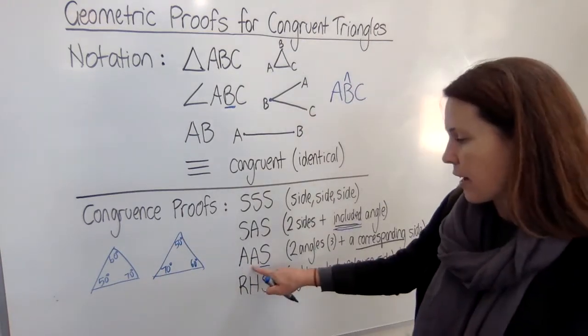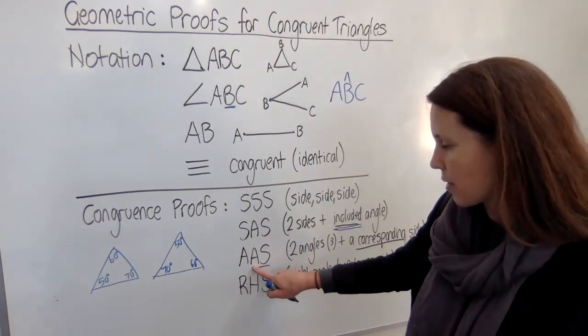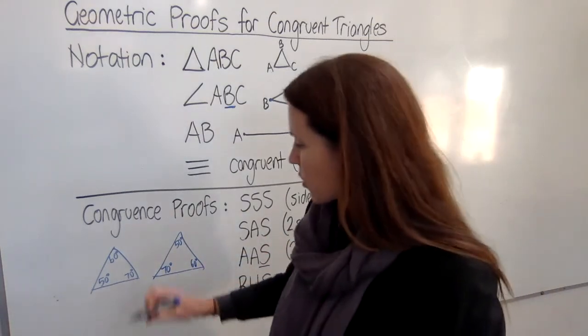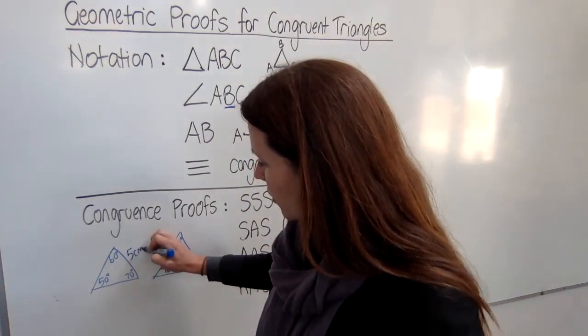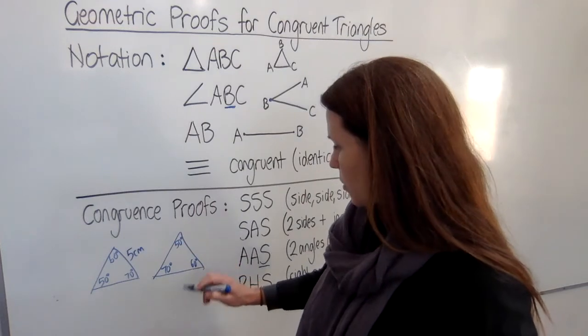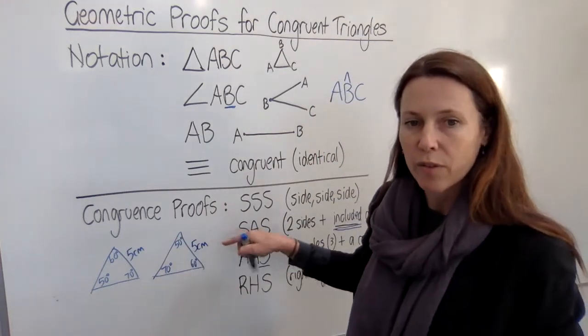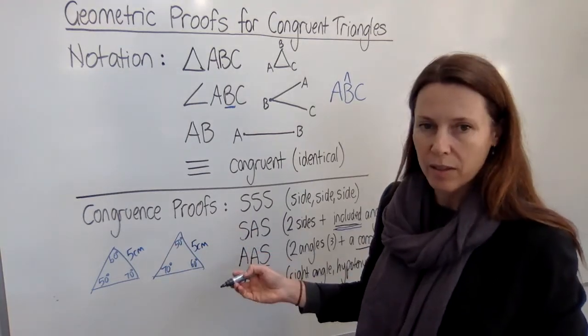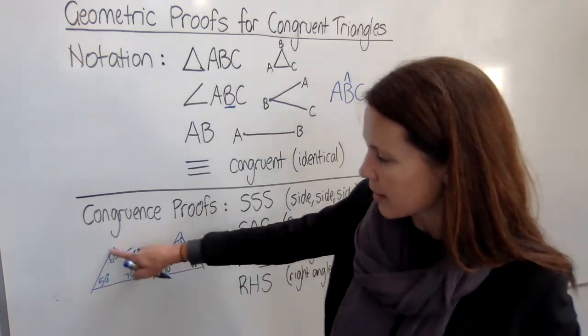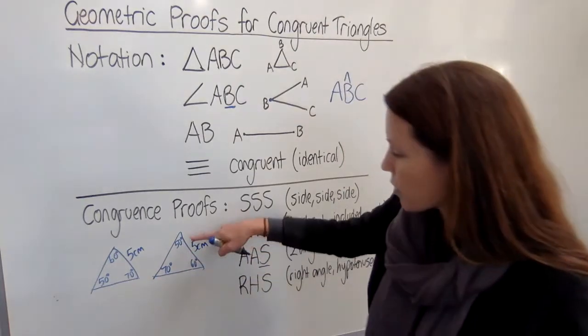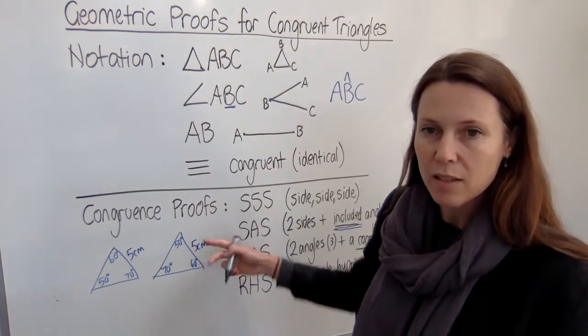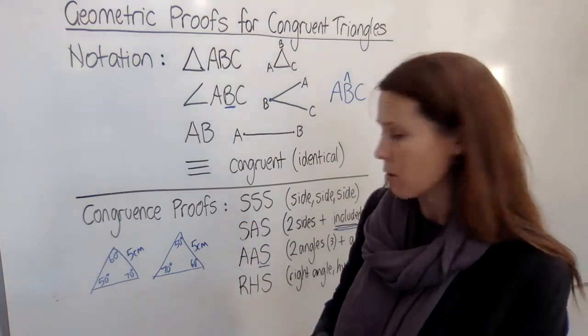First step is they've got their angles the same, at least 2, which means they've got 3. But if they have a corresponding side, let's say this is 5 centimetres and this one is 5 centimetres, that's not enough, because the 5 centimetre sides are not in the same place. This one's between the 60 and the 70 degree angle, and this one's between the 50 and the 60 degree angle. So that's not enough to prove that those triangles are congruent.